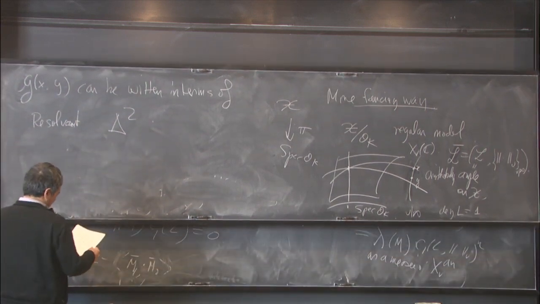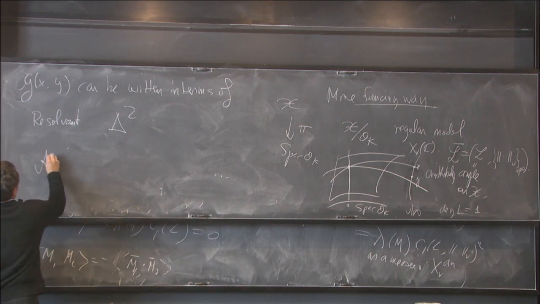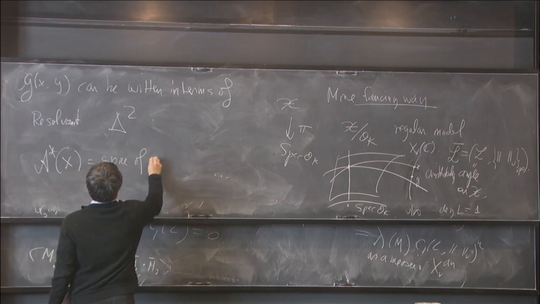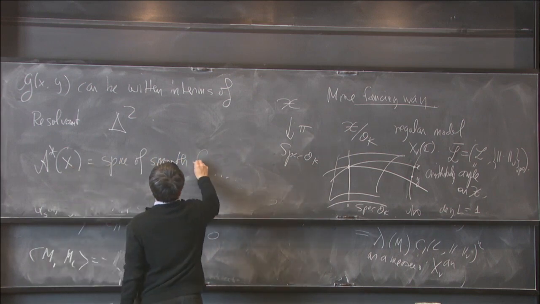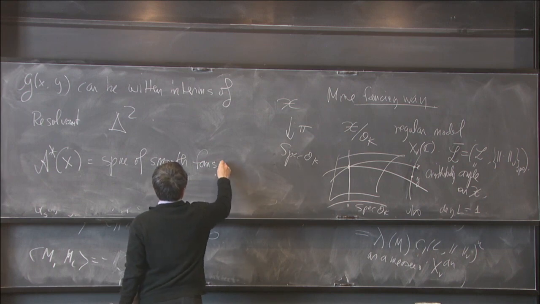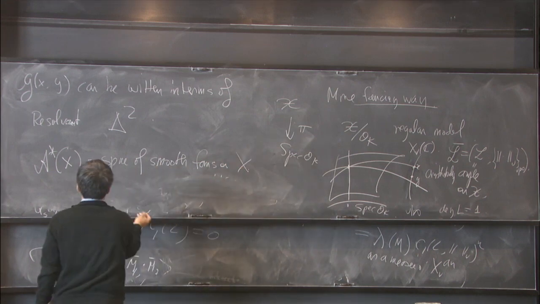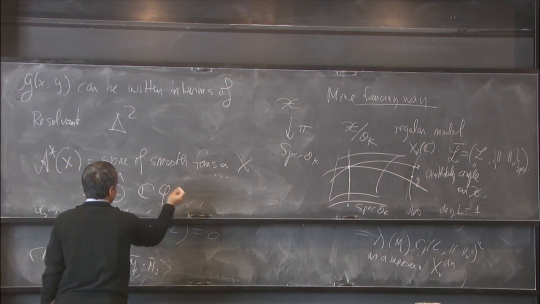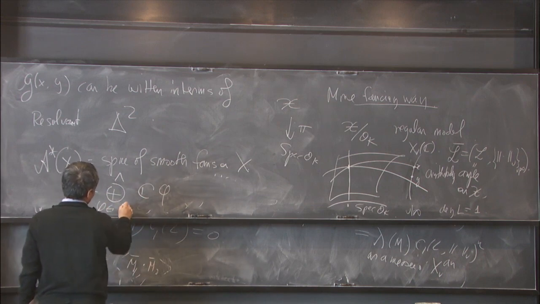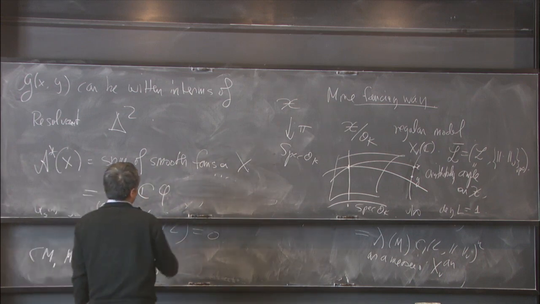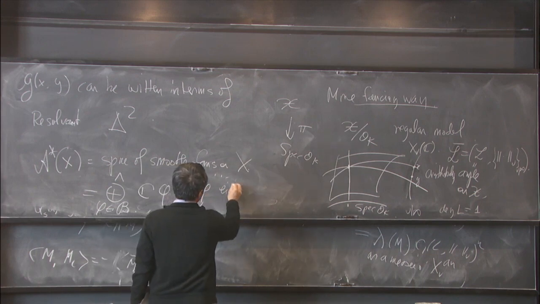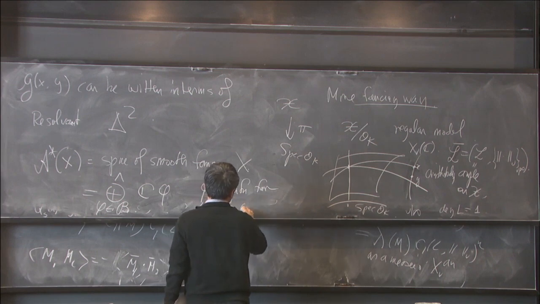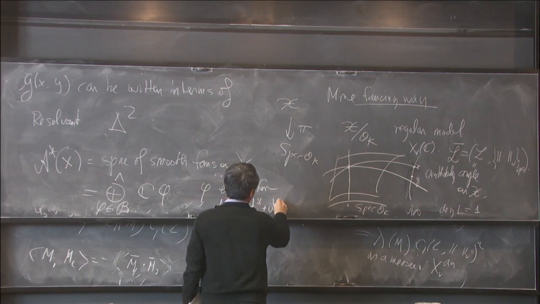So what to do is the following. This is the space of smooth forms on X, and then this is the topological direct sum of eigenforms. This is phi inside B, where phi is an eigenform for the Laplacian operator d star d plus d d star.